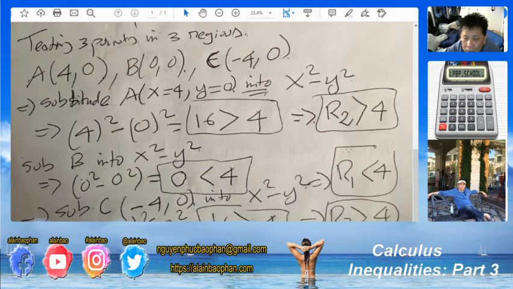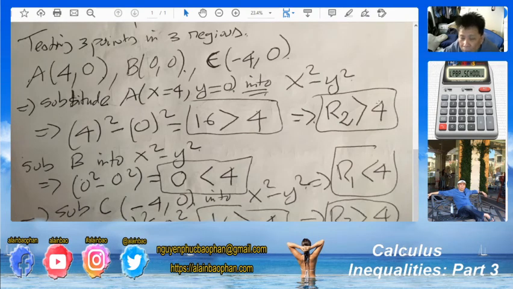For the last region, on the left hand side, if you substitute minus 4, 0, you have minus 4 squared minus 0 squared, which is 16 minus 0, so 16 is greater than 4. So R3 is greater than 4.